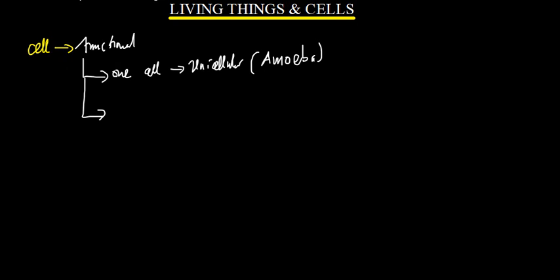You have got other organisms which have many cells, and such organisms are known as multicellular. An example that you can give is a plant, or an animal like a human being. All these have a lot of different cells. And apart from amoeba, you also have bacteria here.